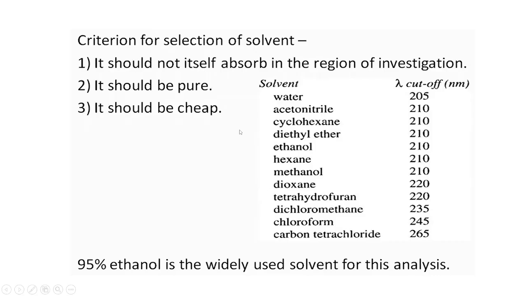Many solvents we can see on the right side, from water to carbon tetrachloride, and most of the time the lambda cut off is between 200 and 265 nanometer. In the case of 95% ethanol, for UV visible spectroscopy, ethanol is widely used as the solvent for this analysis.